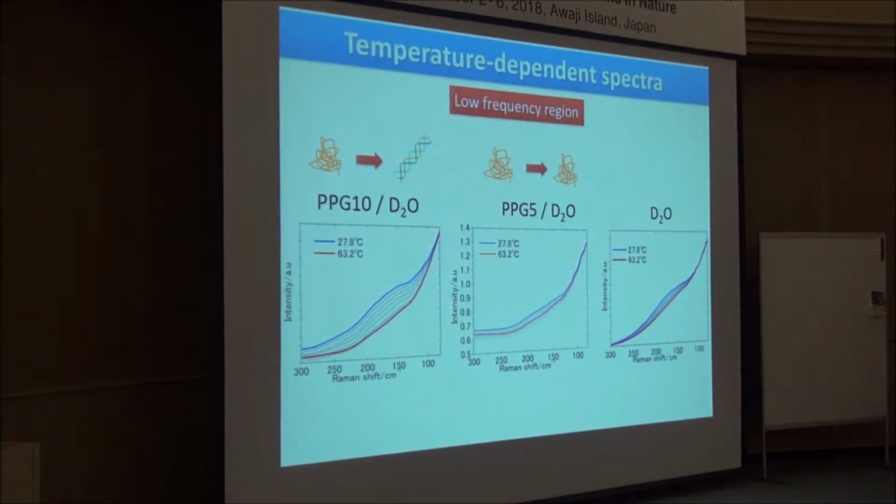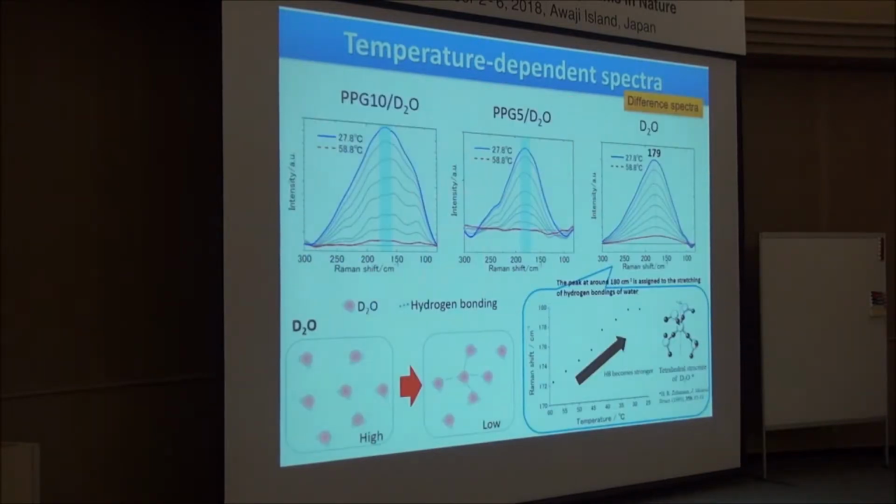And this is the low frequency region of the Raman spectra of PPG10, PPG5, and D2O in the cooling process. To make clear the structure changes, the difference spectra were obtained. Here you can see the temperature-dependent difference spectra of PPG10, PPG5 and D2O.